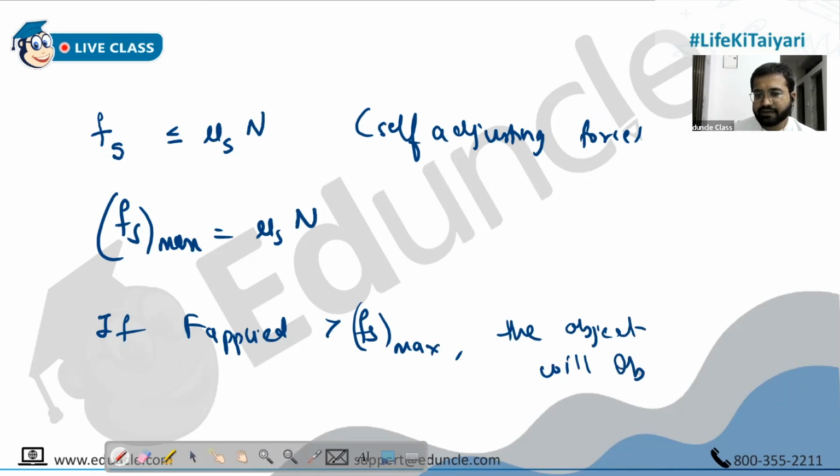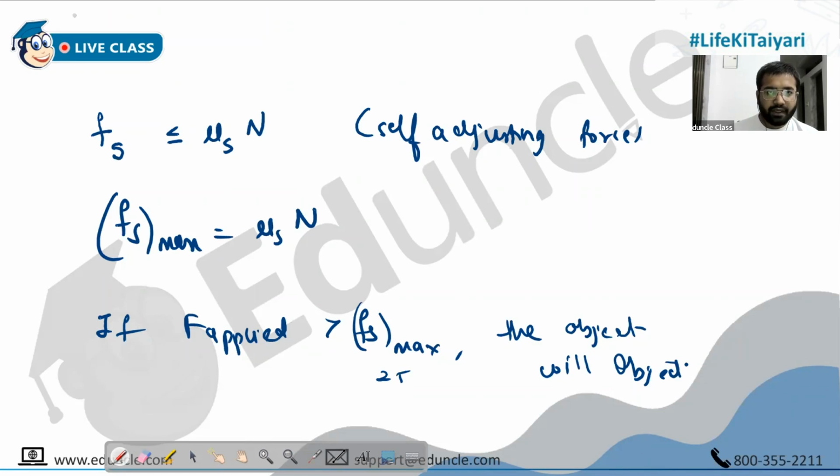Otherwise, it will never move. It has to be greater than the maximum friction. So if maximum friction is 25, you have to apply 25.1, 25.2, something greater than 25, so that the object moves. But if you apply 24, friction will be 24. If you apply 20, friction will be 20. It's a self-adjusting force. It is always less than or equal to mu s into n.